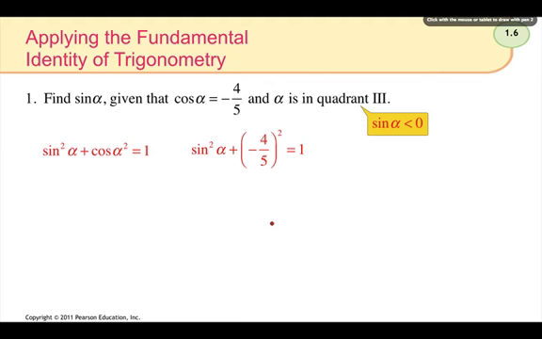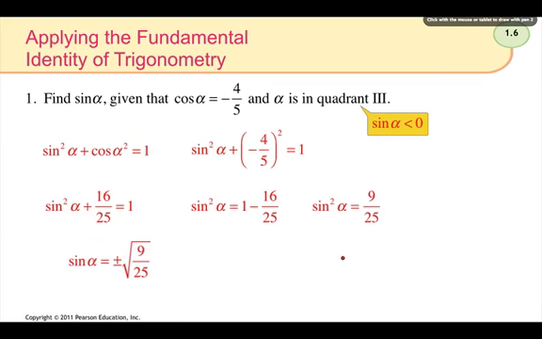This is what we get. We simplify, and I solve for sine squared of alpha. Simplify the right-hand side, which is just pre-algebra. Then I don't want sine squared of alpha, I just want sine of alpha, so I take the square root of both sides and end up with positive and negative, whatever this is. I keep the negative ratio because sine of alpha has to be negative.